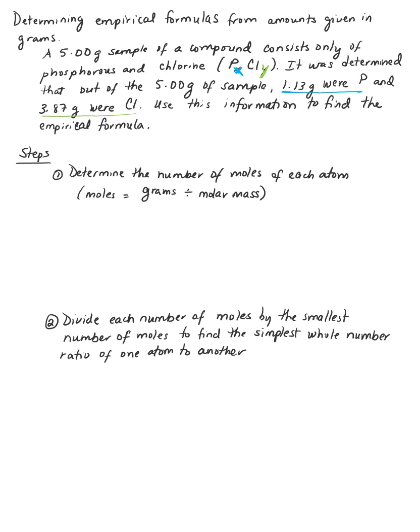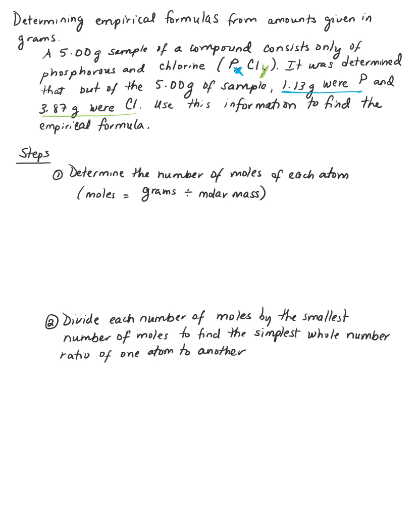So let's start the calculation. When you're trying to solve this problem, the first thing that you have to do is convert your grams to moles. And I already showed you that if you want to convert grams to moles, you have to divide by the molar mass. So we have P and we have Cl. I'm going to do this individually.